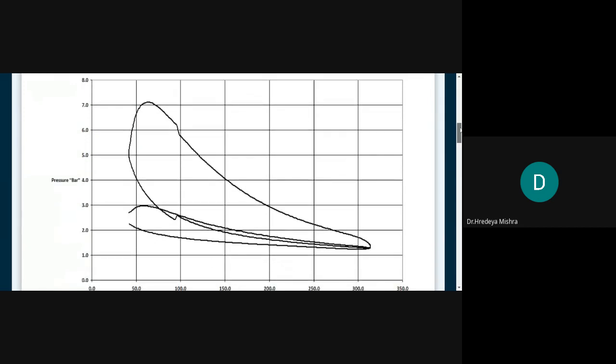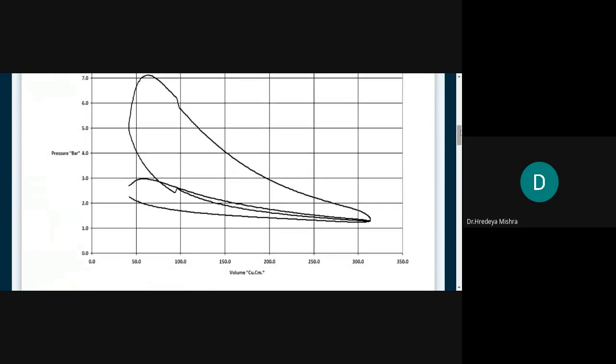Now here this is our actual PV diagram, pressure and volume diagram, volume in cubic centimeter, and here pressure in bar.